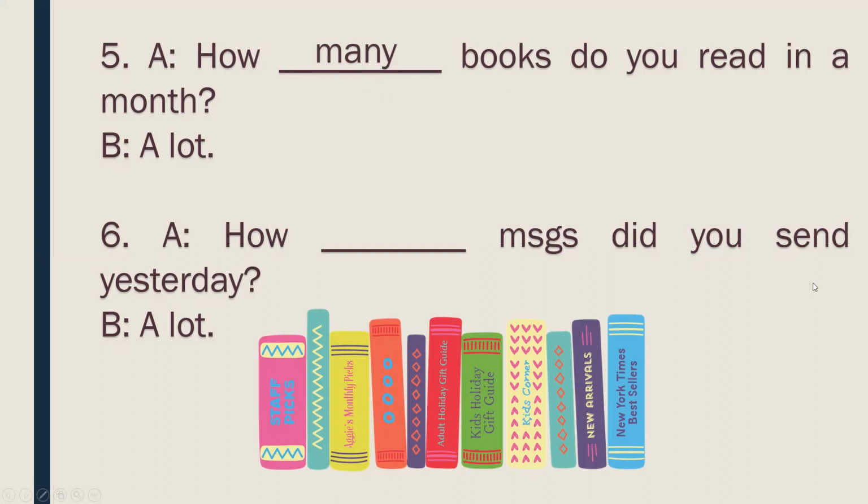Yes, of course. How many books do you read in a month? Very good, thank you. Then the person said, a lot. Great, perfect. Question number 6. The word here is messages. Many.